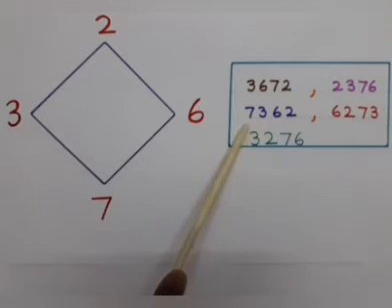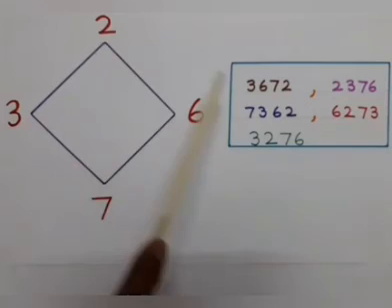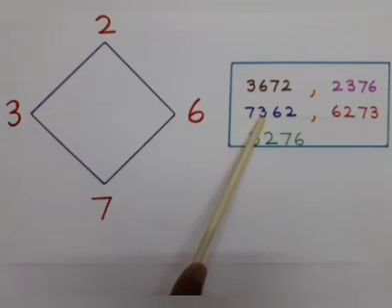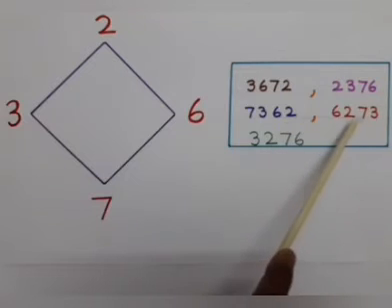Now our third 4-digit number. Number 7, number 3, number 6 and number 2. So 7,362. Our next 4-digit number.